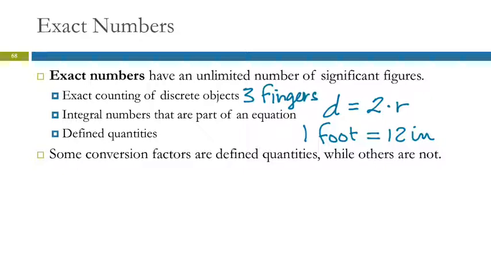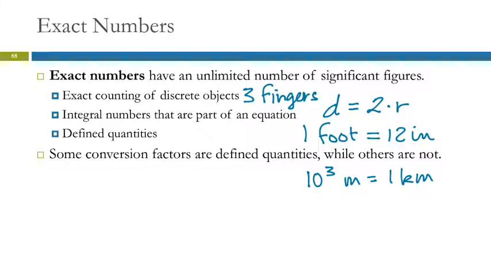So defined quantities come up a lot in conversion factors. Some conversion factors are defined, some are not. If you are within the same measuring system, so within the English system, like feet and inches, that is defined, that's exact. If you are within the metric system, and you're saying, well, 10 to the 3rd meters is 1 kilometer, that's defined.